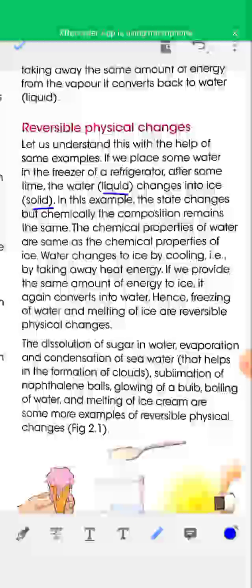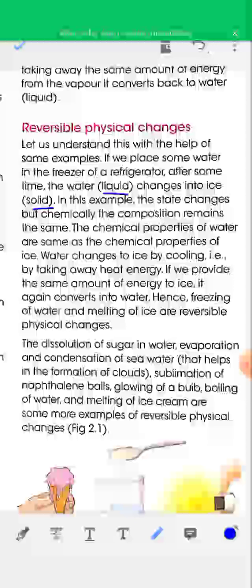This is a physical change. And if we provide the same amount of energy or heat to the ice, it again converts into water.